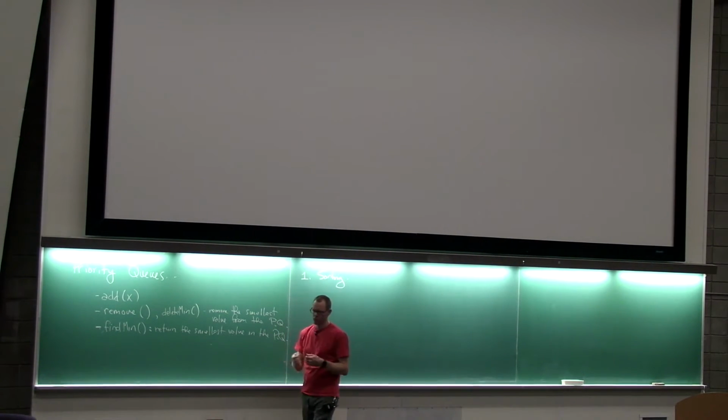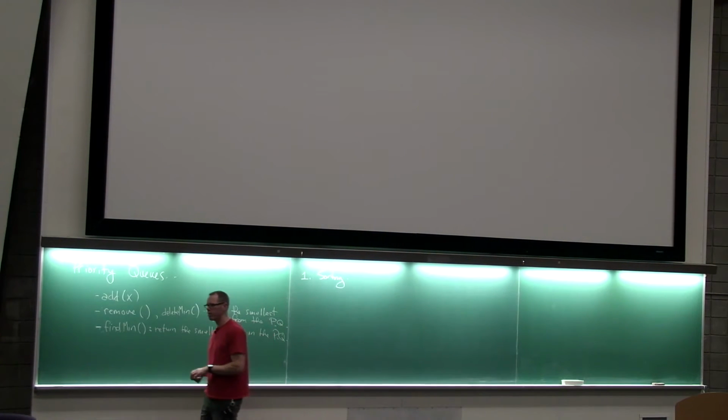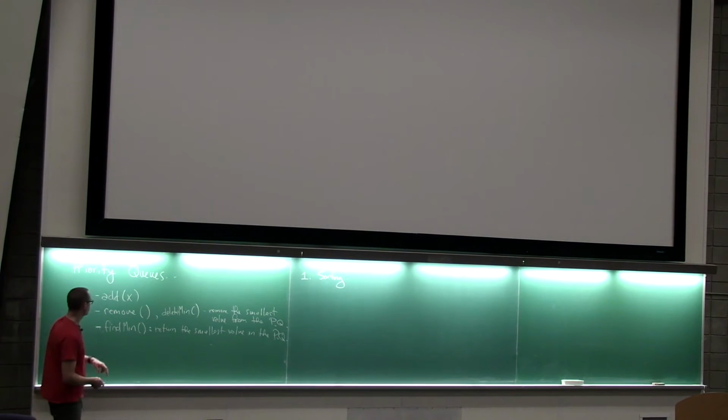So if I want to sort a list of n numbers, I can create a priority queue, add each number to that priority queue, and then I'll remove n times, and the numbers will come out of the queue in sorted order. First the smallest one, then the next smallest one, the third smallest one, and so on.